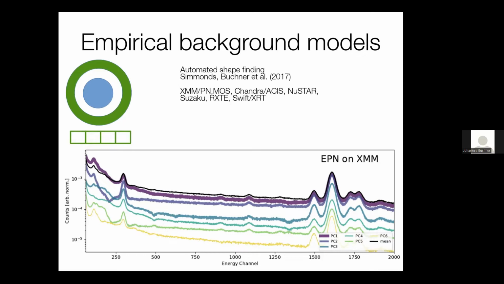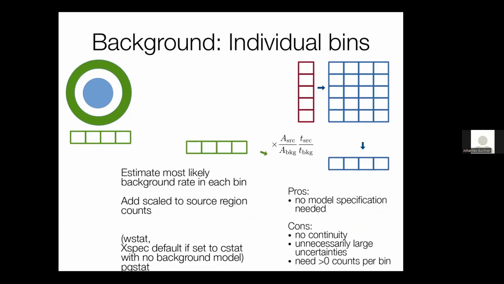And this is implemented for these various detectors, in BXA, Xspec, and Sherpa, and you can also build it automatically yourself if you have 1,000 background spectra. You can build a model like this for your particular scenario.